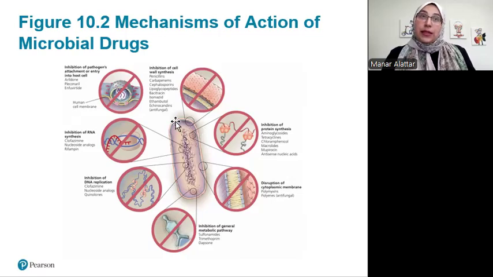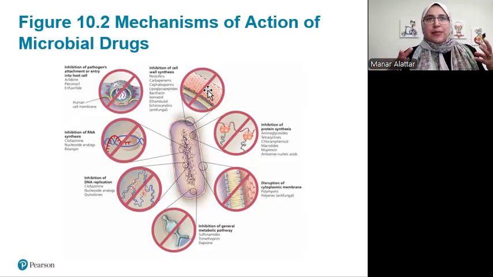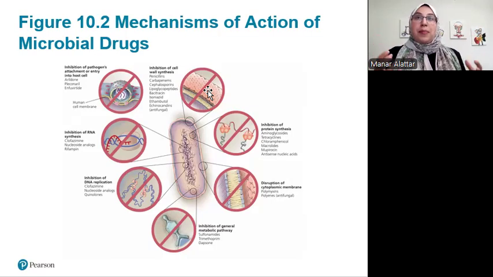If we're talking about a bacterial pathogen, we ask what's holding this bacterium together. It's the cell wall, the cell membrane, the cellular components. Maybe we can break down those structural components and in that way neutralize the bacterium.